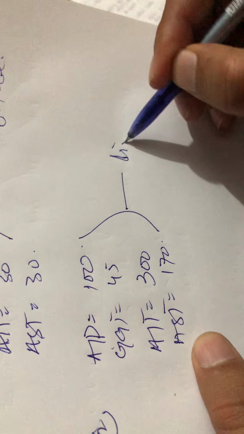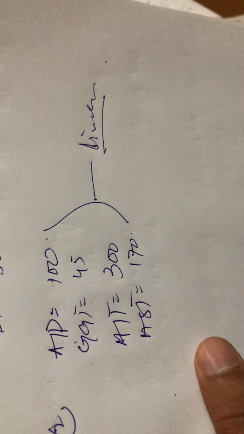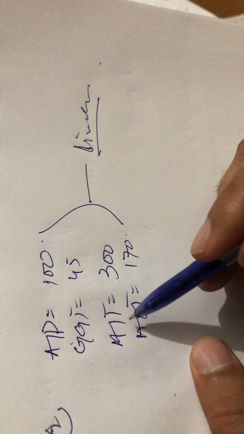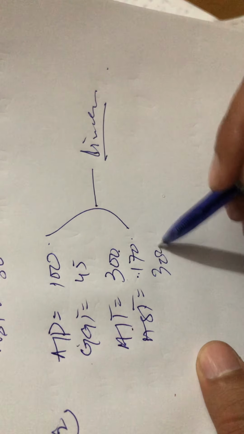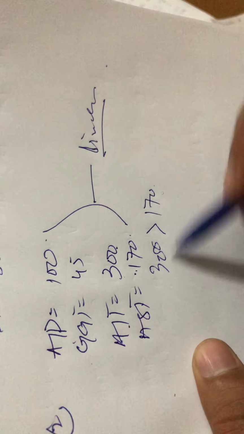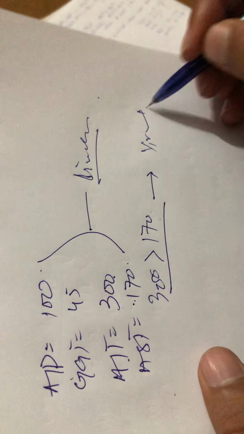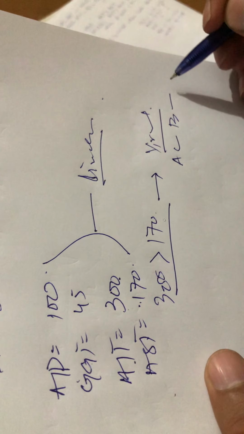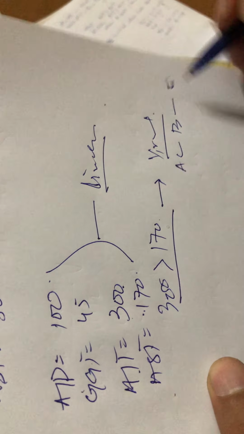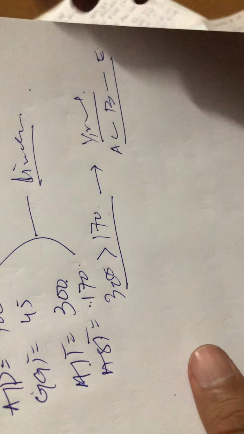So something is wrong in the liver. Now to differentiate whether it is viral hepatitis or alcoholic hepatitis, here ALT is more raised as compared to AST: 300 is more than 170. So it's most probably a viral hepatitis, which can be acute hepatitis A, acute hepatitis B, or acute hepatitis E. C rarely presents as an acute hepatitis, and D is dependent on B.